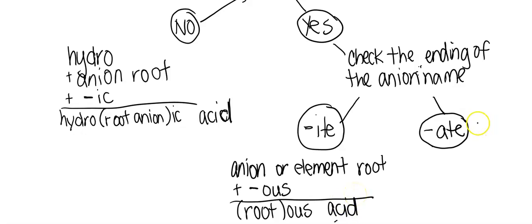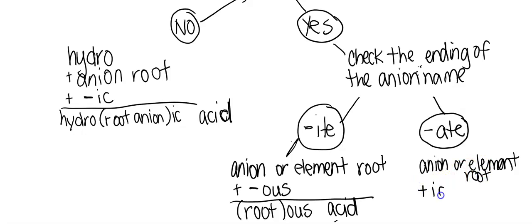If the root name originally ended in ATE, you're going to have the anion or element root plus ic. So in this case, you would have the root name, the ending or suffix ic, and the word acid.